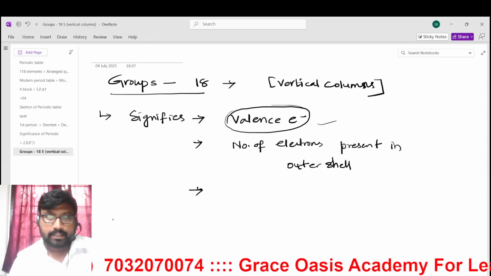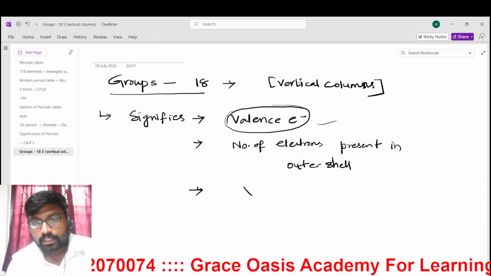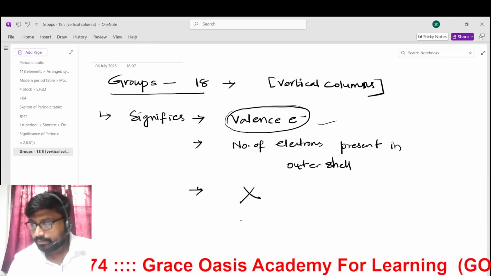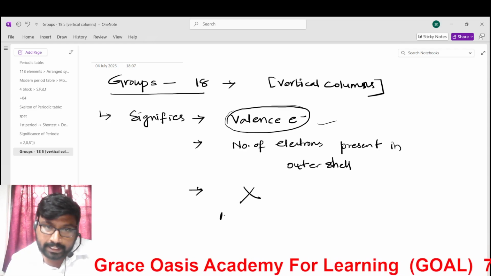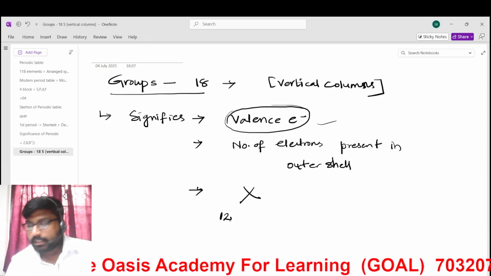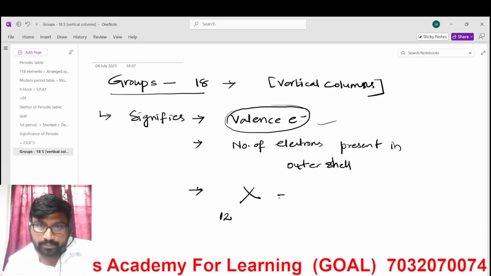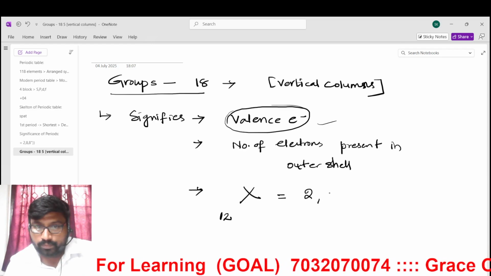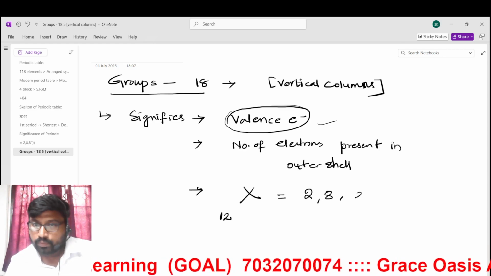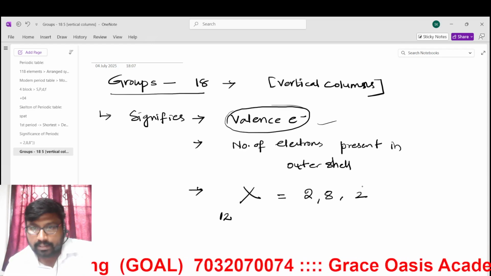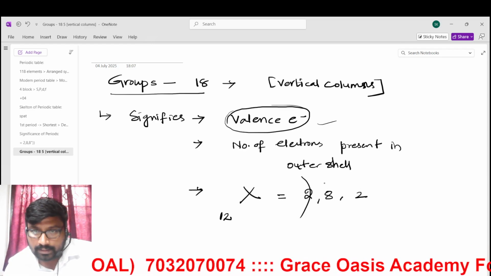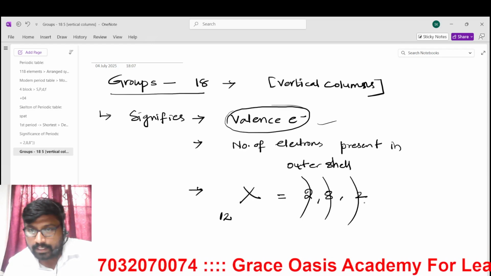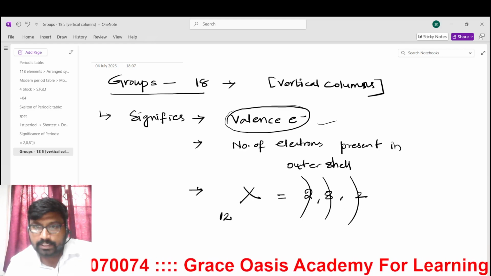Okay, let us see some examples. For example, there is an element called X, and it has atomic number 12. Now I'll divide it: 2, 8, 2, right? So how many electrons are there in the valence shell?